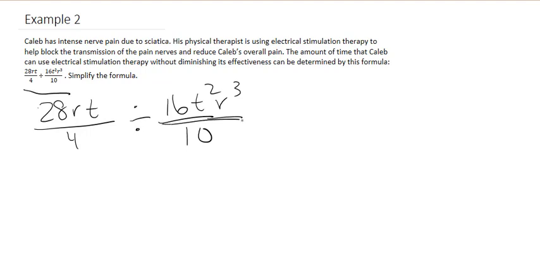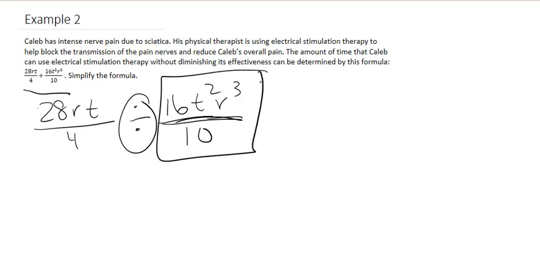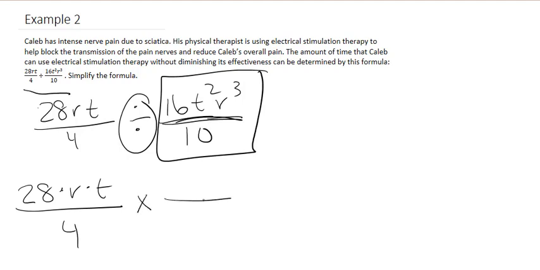And so the way to do this, instead of using division, we're going to actually use multiplication. And the way we can do that again is by taking this reciprocal. So let's go ahead and do that. And we're also going to expand the exponents. So we have 28 R times T over 4 multiplied.